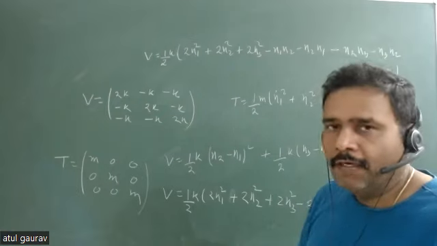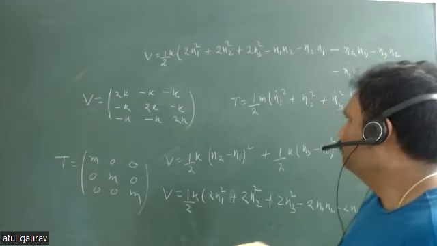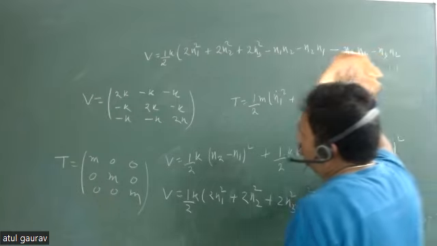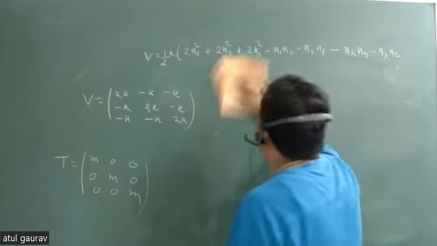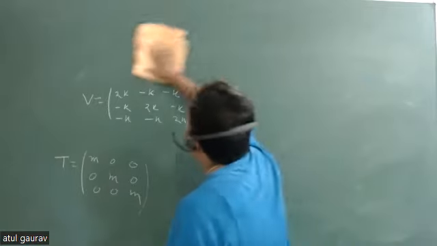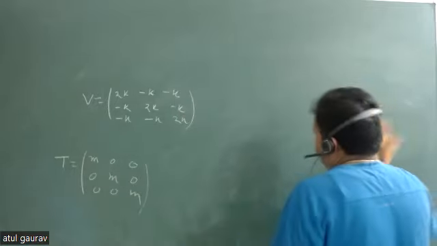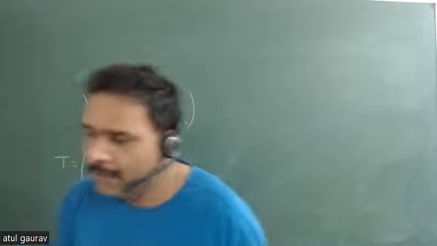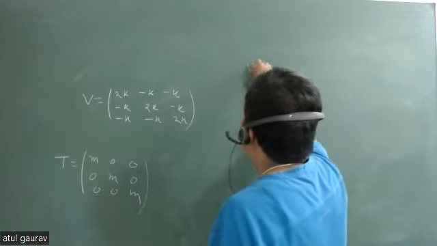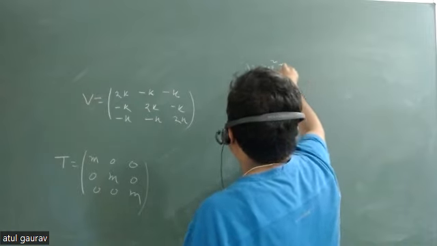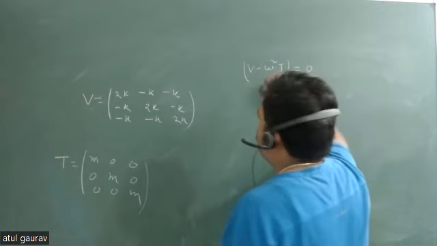So let's go for the next one. Then we will go for what? Secular equation. Very good. So we will remove all this. See how fast it is going now. Once you do one problem in a very nice manner, then everything is a cakewalk for you. Now, V minus omega square T must be equal to 0.